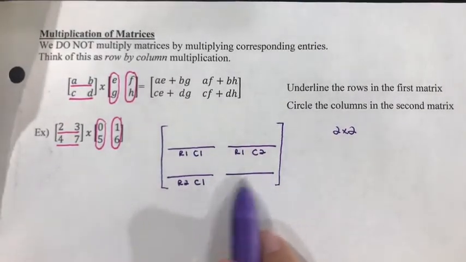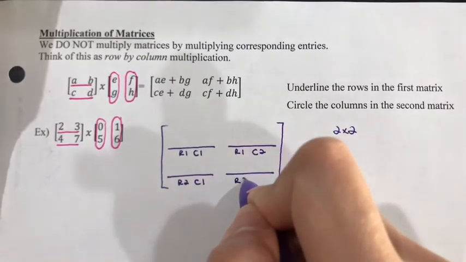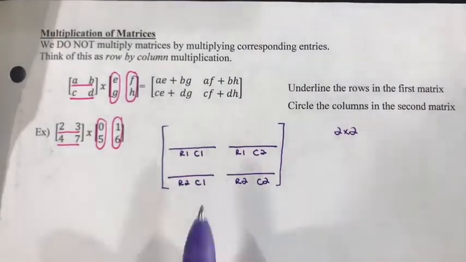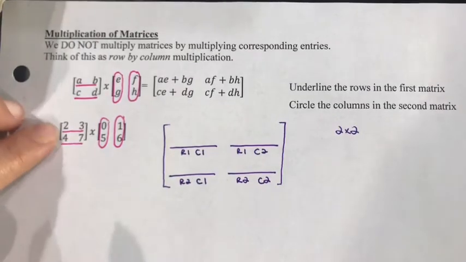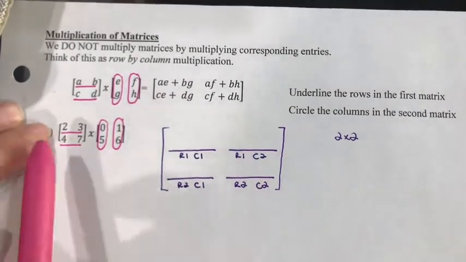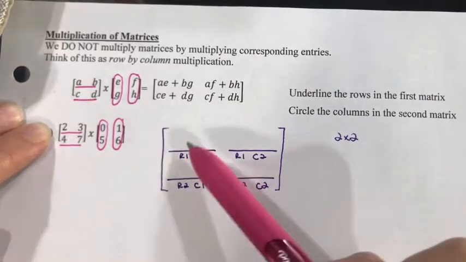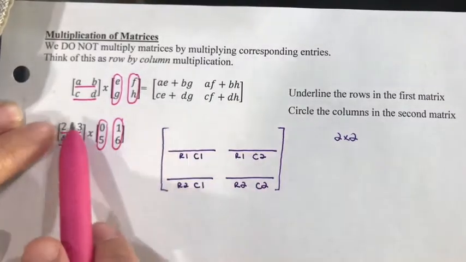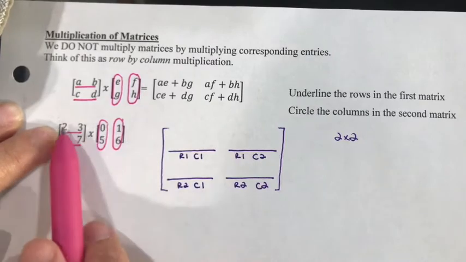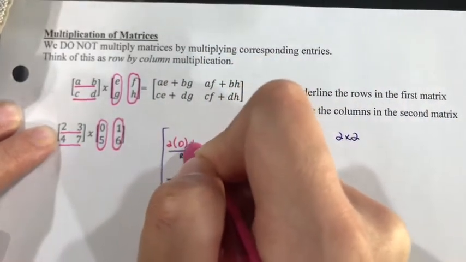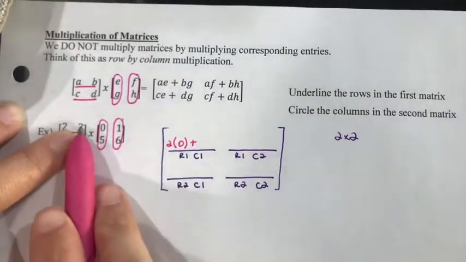And here, I'm in the second row and the second column. Now, I like to use this to tell me which parts to multiply. So I'm going to choose my first row and my first column for this first space. So you're always going to multiply 2 times 0 and add it to 3 times 5.